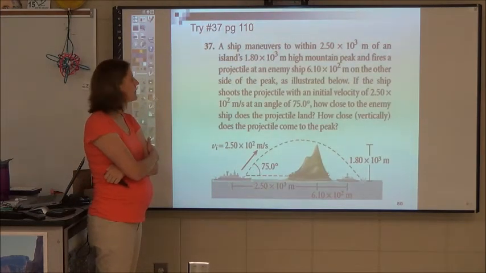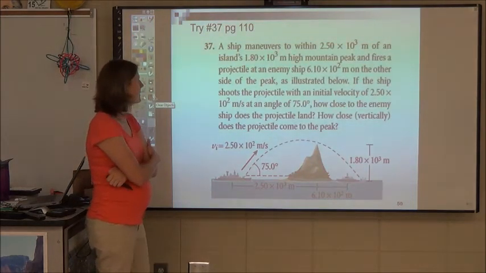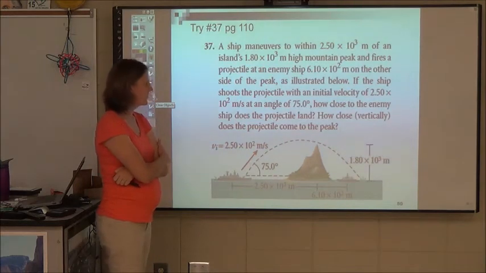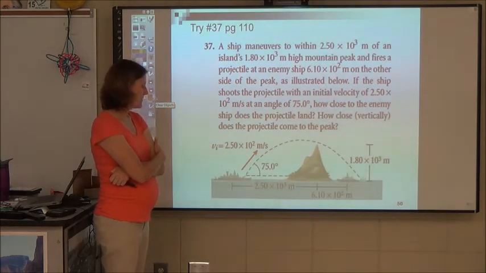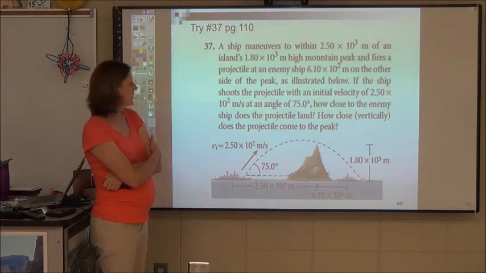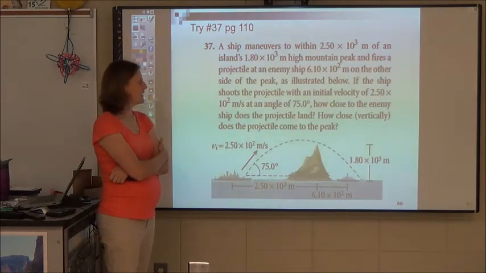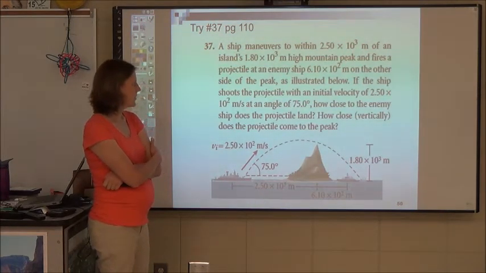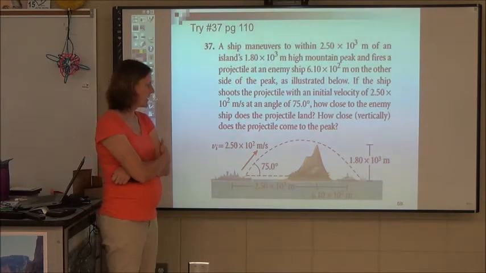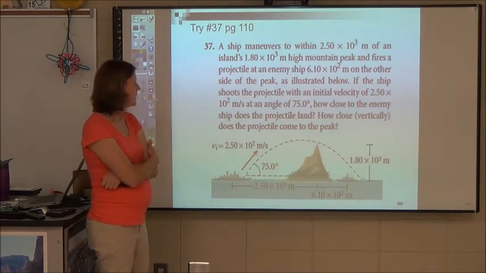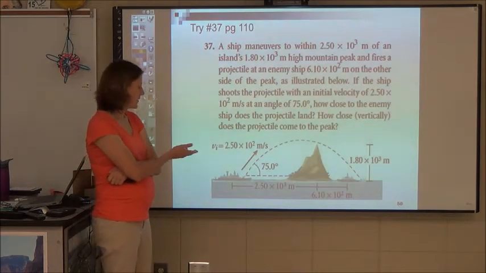Okay, so last problem, it's out of the book. It says a ship maneuvers to within 2.5 times 10 to the third meters of an island's 1.8 times 10 to the third meters high mountain peak and fires a projectile at an enemy ship 6.1 times 10 to the 2 meters on the other side, as illustrated below.